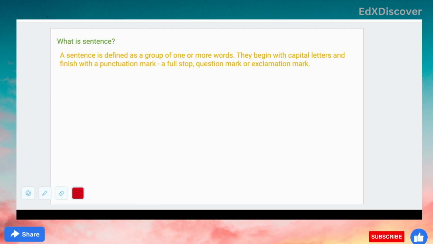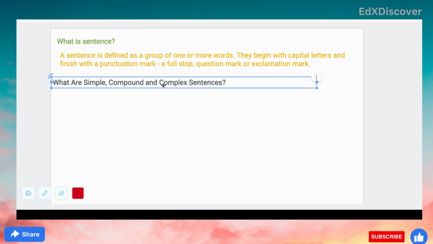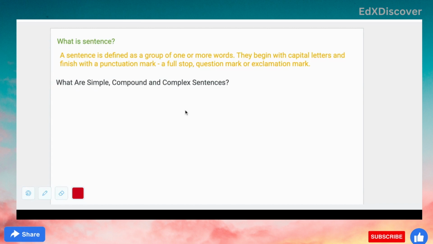Now, let's see what are simple, compound, and complex sentences. These three types will be useful to complete a sentence as well as to write an essay.